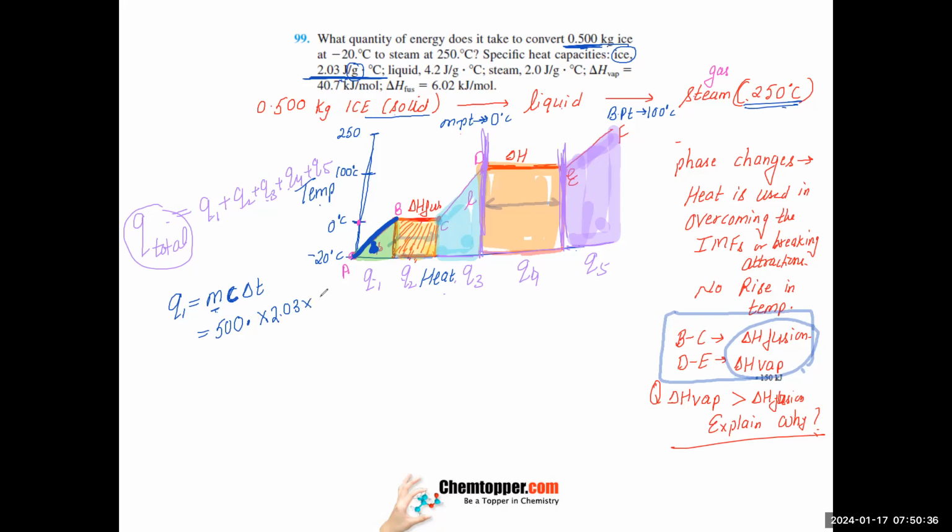I want the answer for delta T. So come to the heating curve. See the delta T. You're going from -20 to 0. So what is delta T? I'm calculating Q1 from A to B. Delta T is, yes, 20. What will be the final units, children, after doing all these things? Q1 is heat, so the units will be joules.